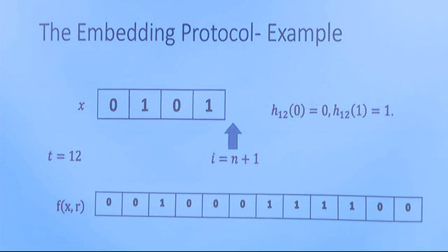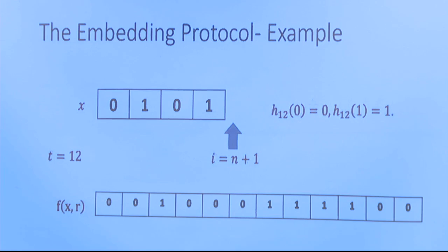Each R gives me a different embedding, so the embedding depends on both the input string and R. The embedding of the entire set of strings into Hamming space depends on one R; you get one embedding.